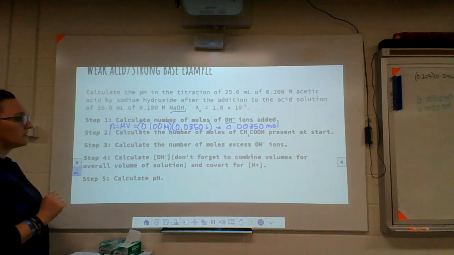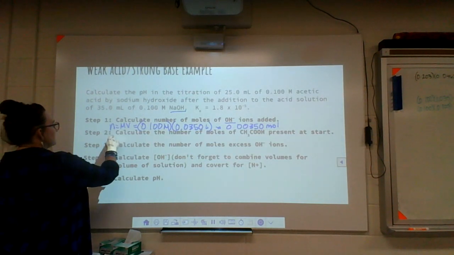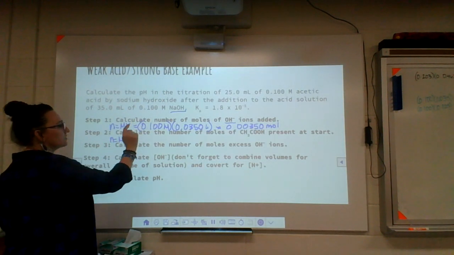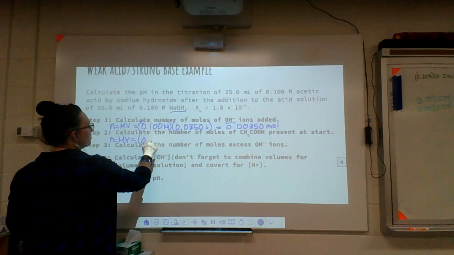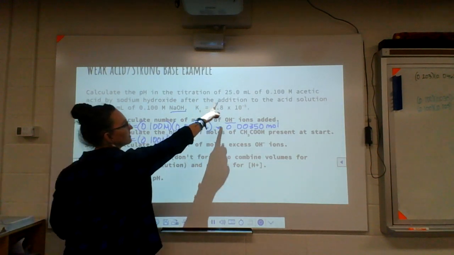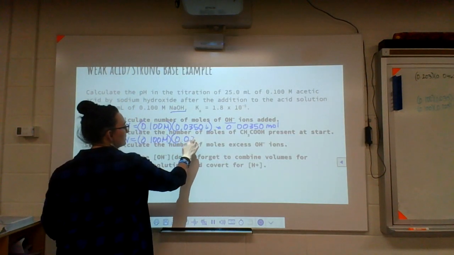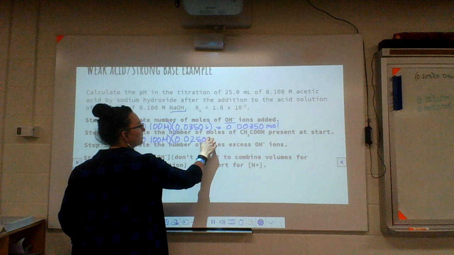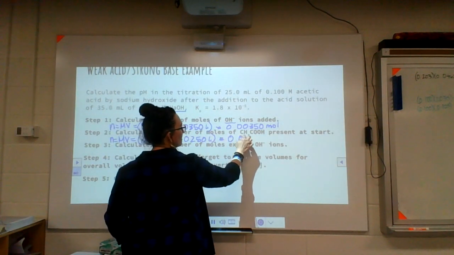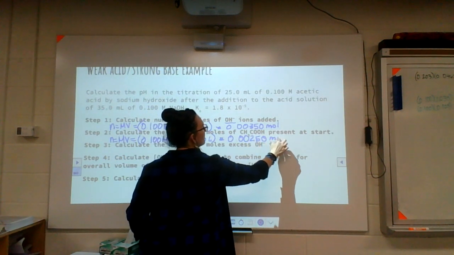Then I want to calculate the number of moles of my weak acid. So again, n is equal to M times V. So this will be equal to 0.100 molar times now 25 milliliters, remembering to convert to liters, and that'll be equal to 0.00250 moles.